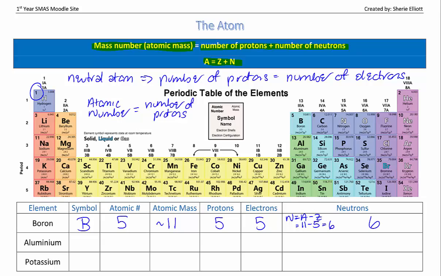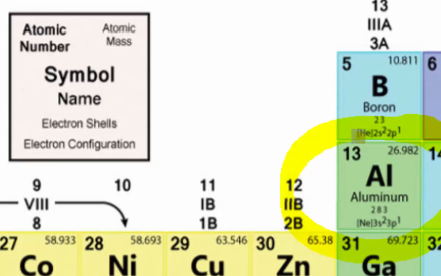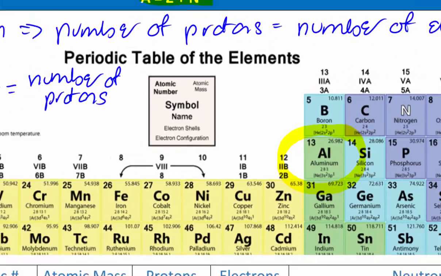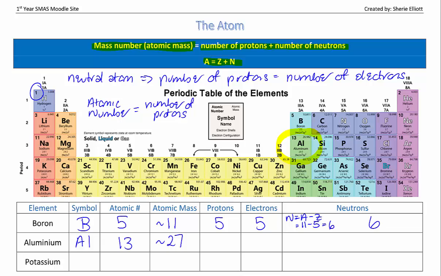Now let's look at aluminium, which is actually just below boron. So for aluminium, our symbol is Al. The atomic number, top left-hand corner, is 13. The atomic mass is 26.982, so approximately 27. So our number of protons equals our atomic number, which is 13.